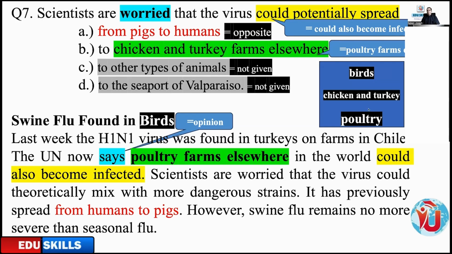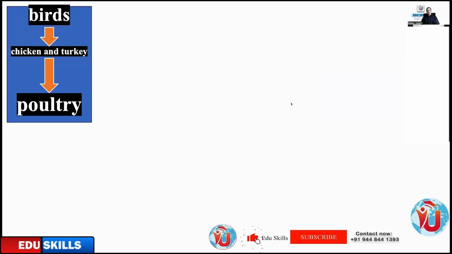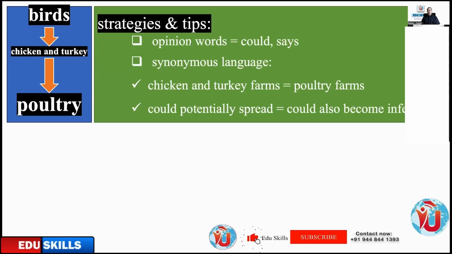See, birds, chicken and turkey, poultry, all these are synonymous expressions. It is in the subheading, it's in the answer option, it is in the text. So definitely, that tells you what the answer is. Okay, strategies and tips: opinion words like could and says, it's an opinion, synonymous language.